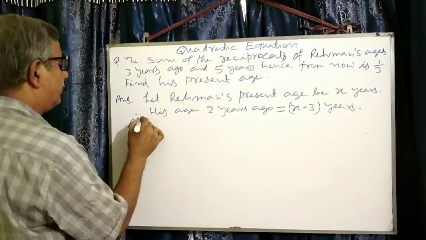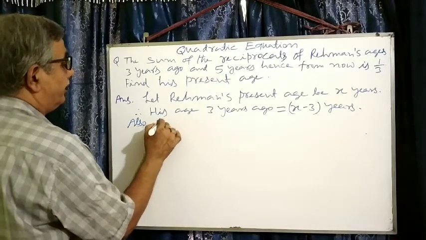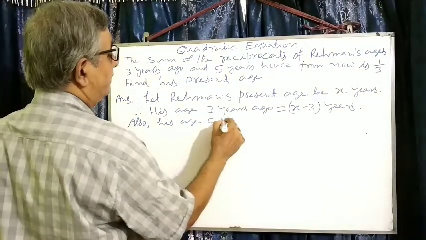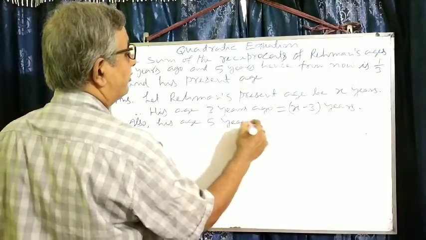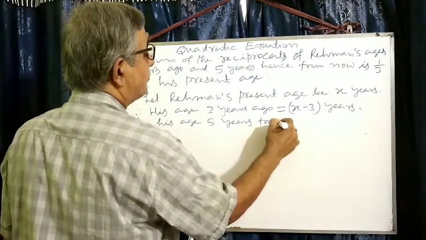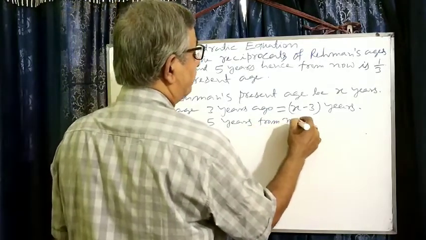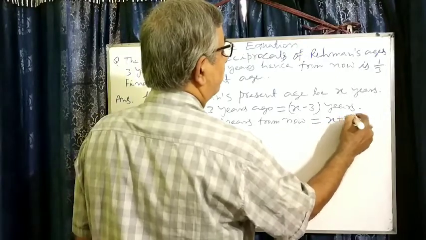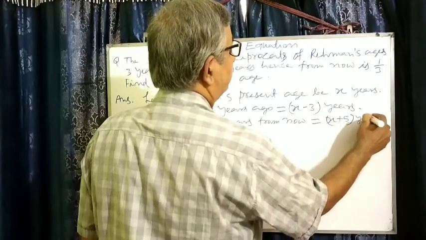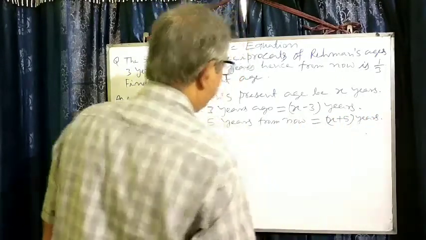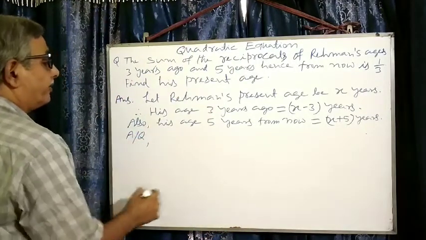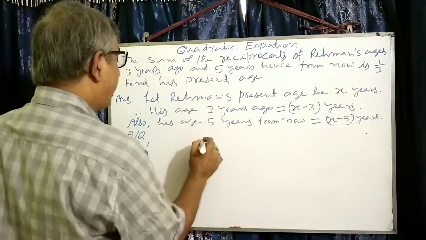Also, his age 5 years from now is equal to x plus 5 years. According to question, sum of what?